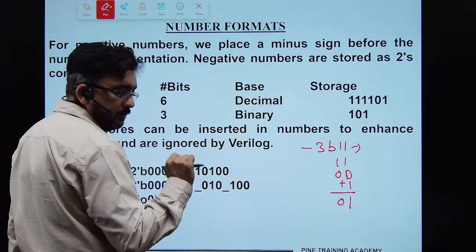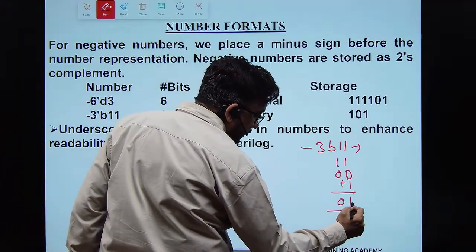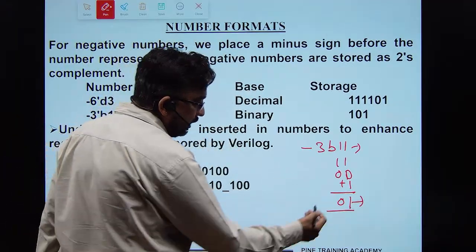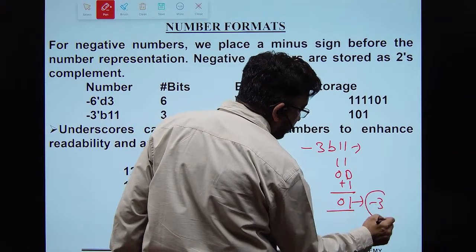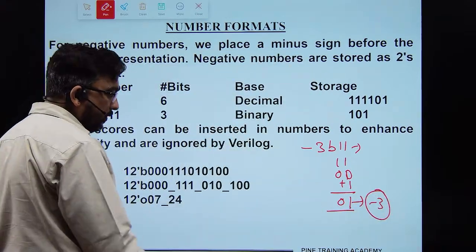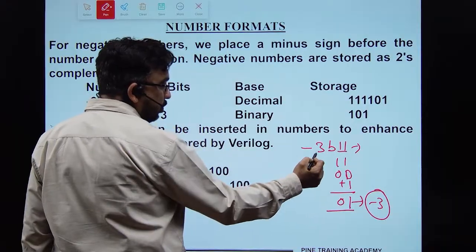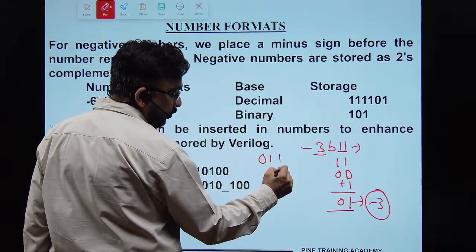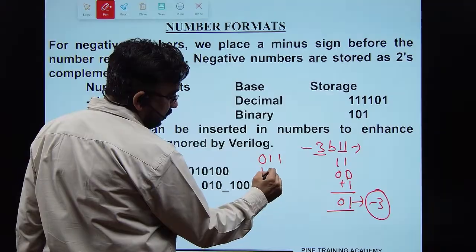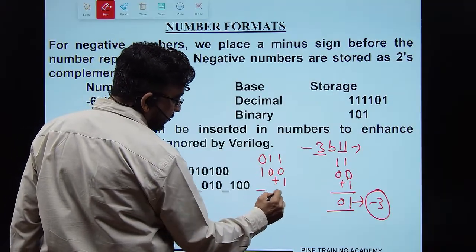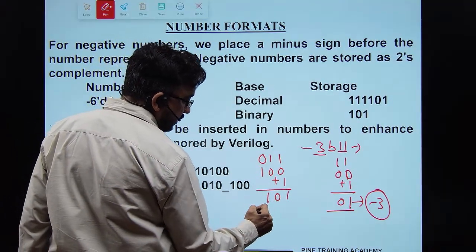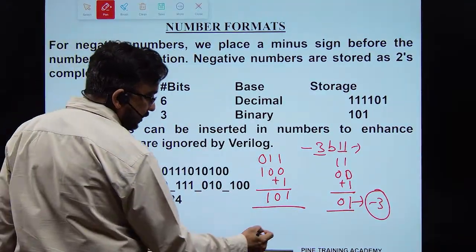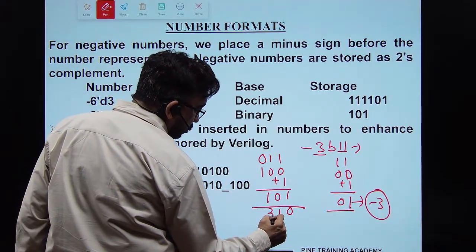See, I've done one thing. Now this representation in 2's complement is not actually minus 3. Okay, so what we have to do is maintain the size. So it is 0 1 1, then invert to 1 0 0, then add 1. It is 1 0 1. Then convert into decimal. These are position numbers 0, 1 and 2.